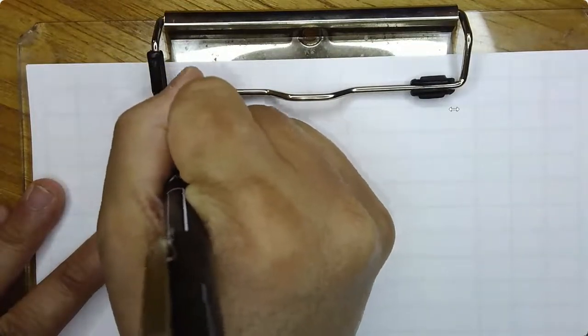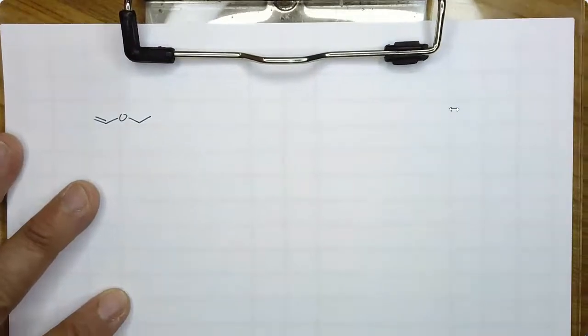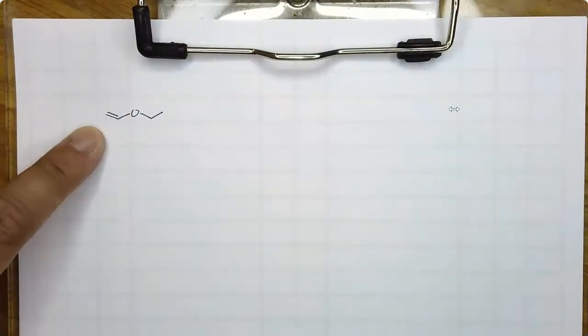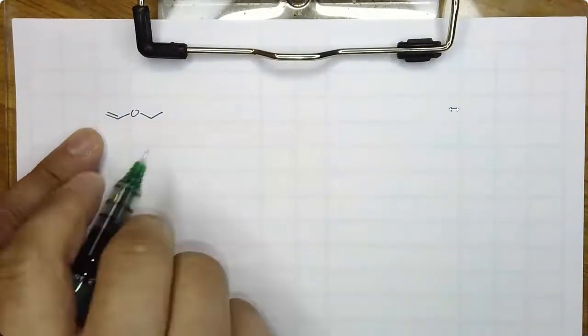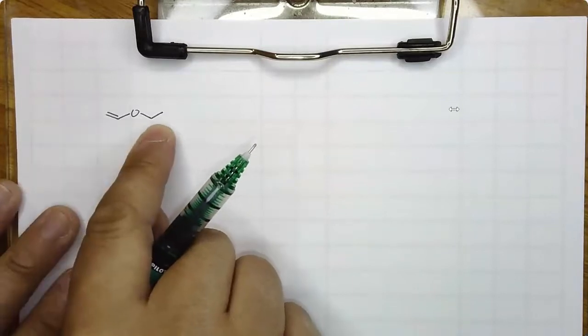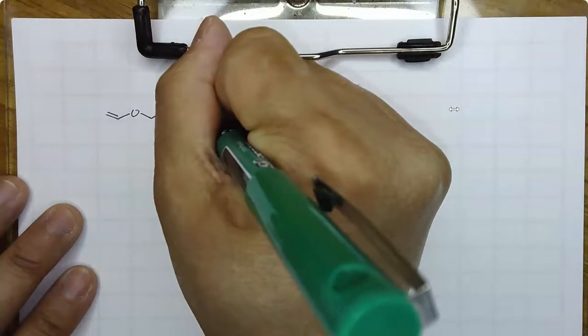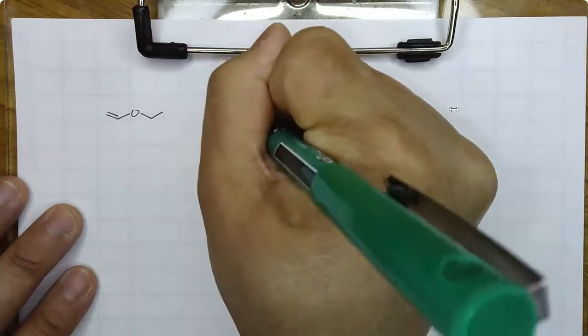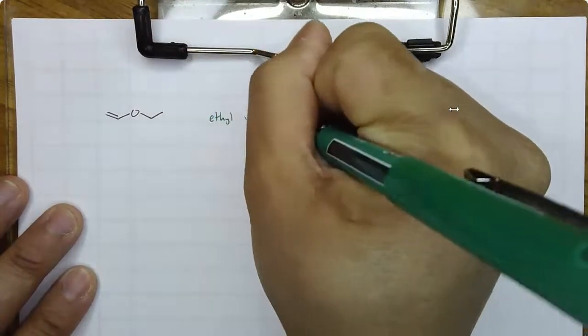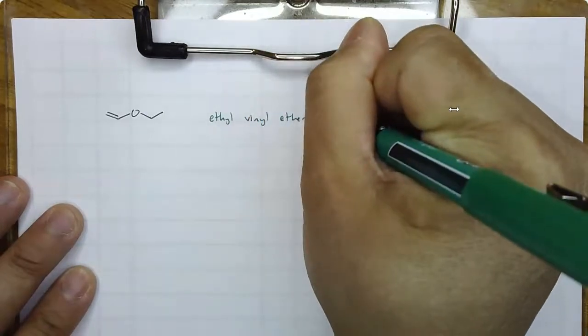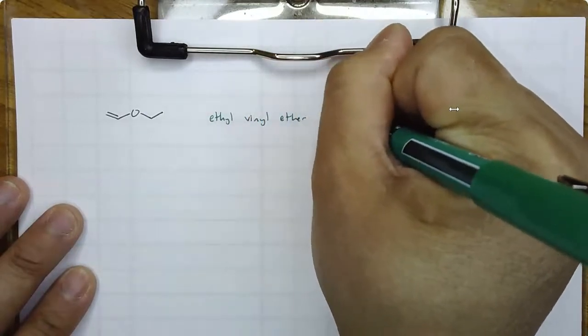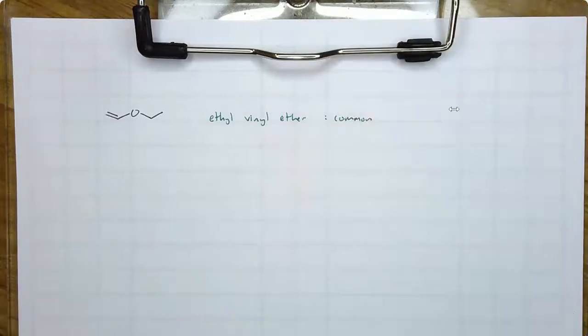I'm going to use the common name for this one. That's what's called a vinyl group. So that's a vinyl group. That's an ethyl group. This is called ethyl vinyl ether. Again, this is a common name. Alright.